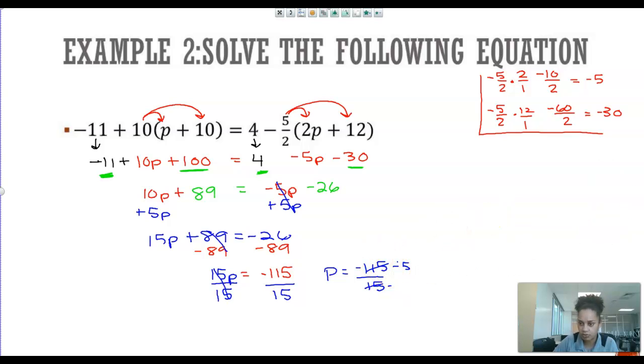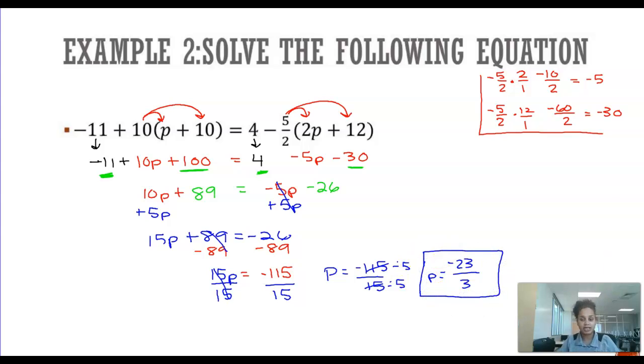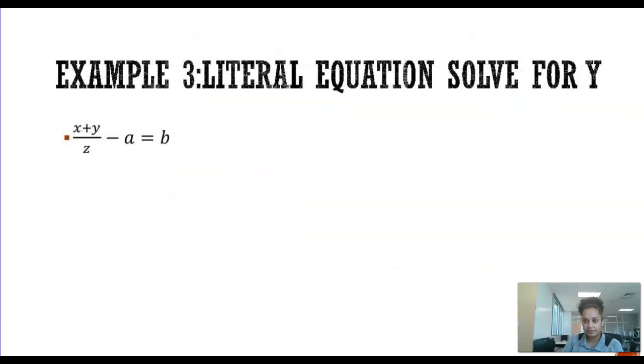Divide by 5 on the top and bottom. Then I'll be left with negative 23 on the top and then 3 on bottom. You're in Algebra 2. Do not be panicked if you get an answer like this that is an improper fraction. That is perfectly normal and it's okay. We're going to go ahead and move on to example 3.